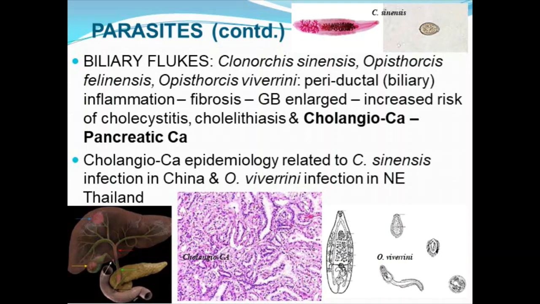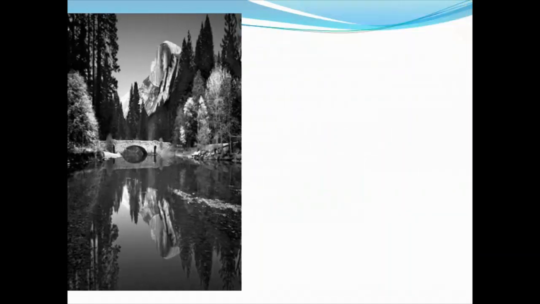Cholangiocarcinoma epidemiology is related to Clonorchis sinensis infection in China and Opisthorchis viverrini infection in northeast Thailand. There is a strong association and many papers have been published on this.